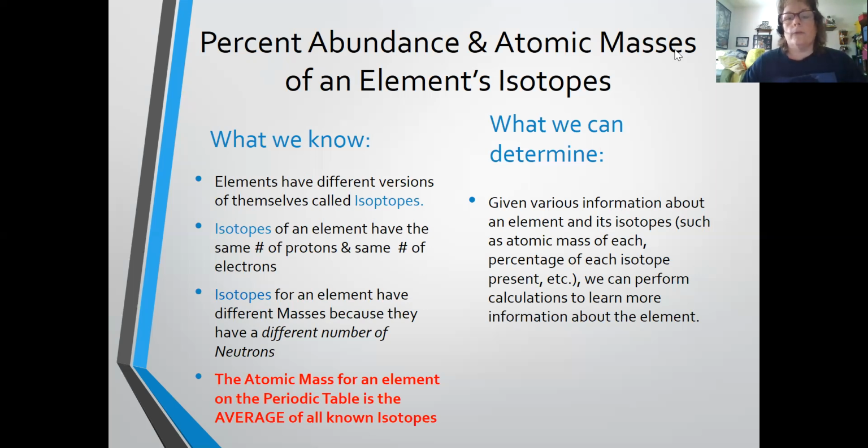All right, so what can we determine? Given various information about an element and its isotopes, such as its atomic mass, the percentage of each isotope present, etc., we can perform calculations. Here's some more math for you guys to learn more information about that element.